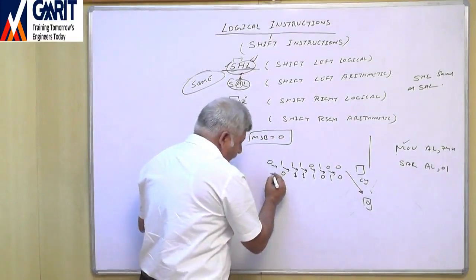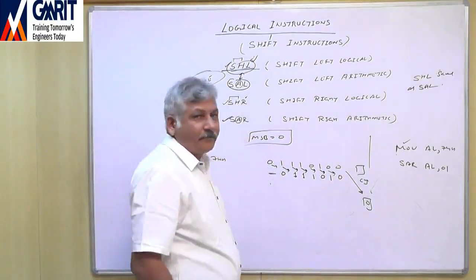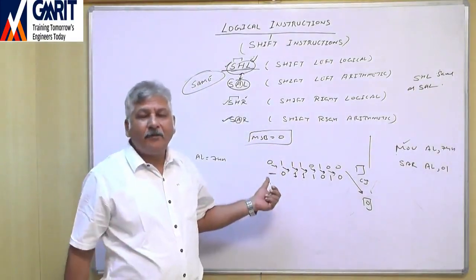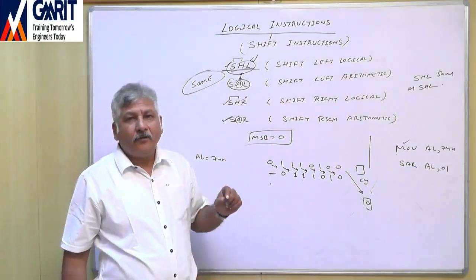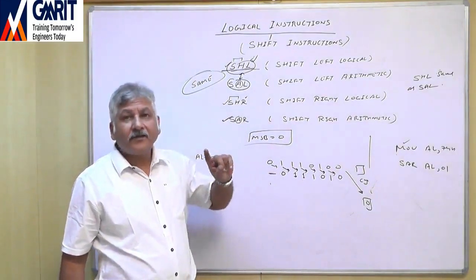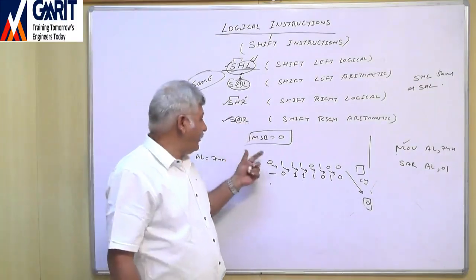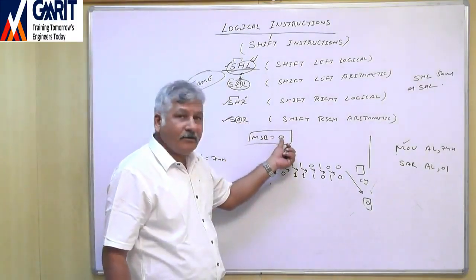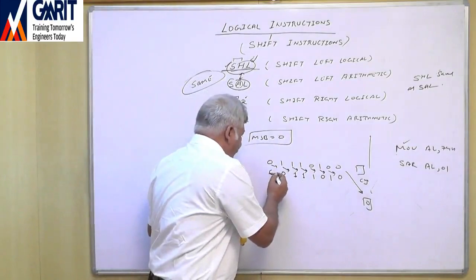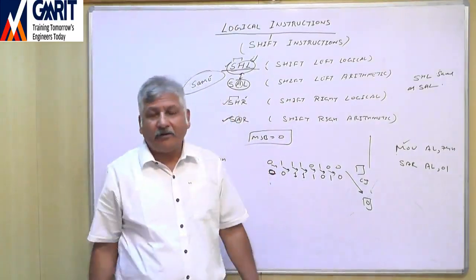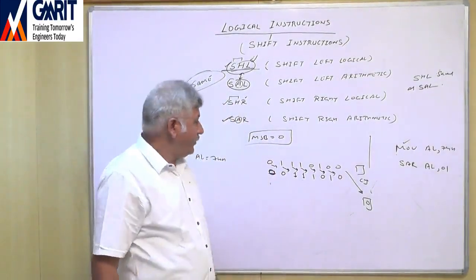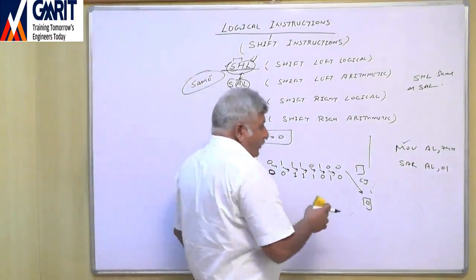There is a vacancy at the MSB bit position. So at the MSB bit position, we have to fill the sign bit of that number. What was the sign bit of the number? 0. So we will fill here 0. Right? We will take another example.